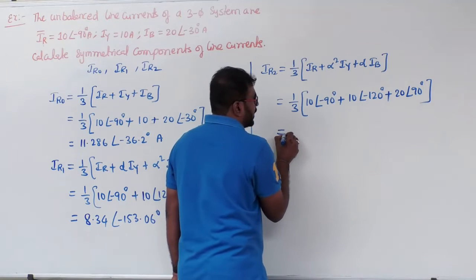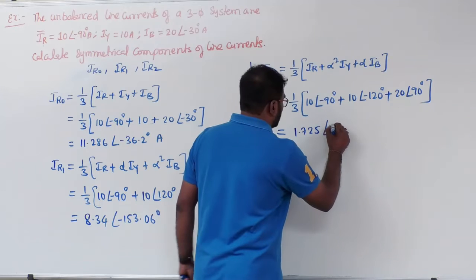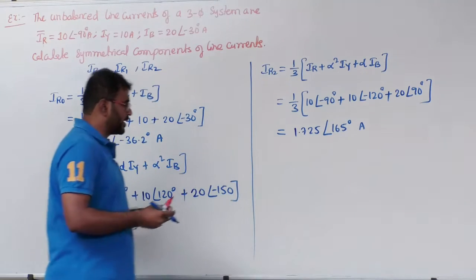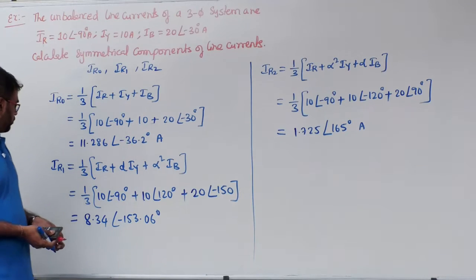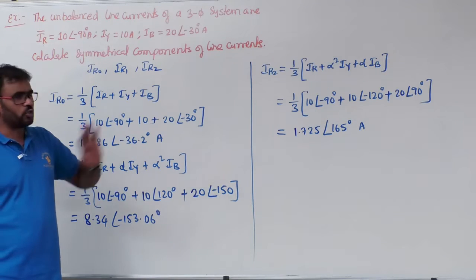Solving this, we get 1.725 at an angle 165 degrees ampere. That's IR2. So we have calculated IR0, IR1 and IR2.